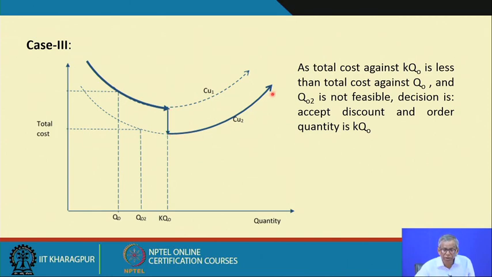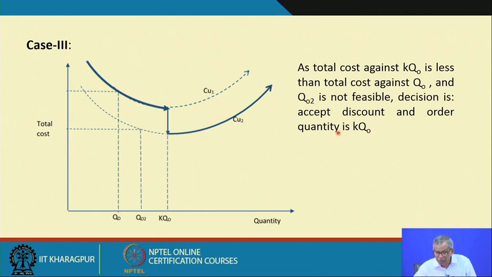So you move to the second curve representing the total cost with discount, and the unit price is CU2. So you reach over here. Here the total cost against KQ0 is less than total cost against Q0, and Q02 is not feasible because you cannot go back. That's why this portion of the curve is shown as dotted.